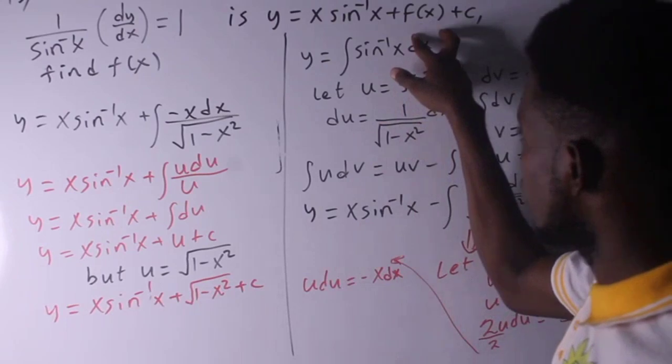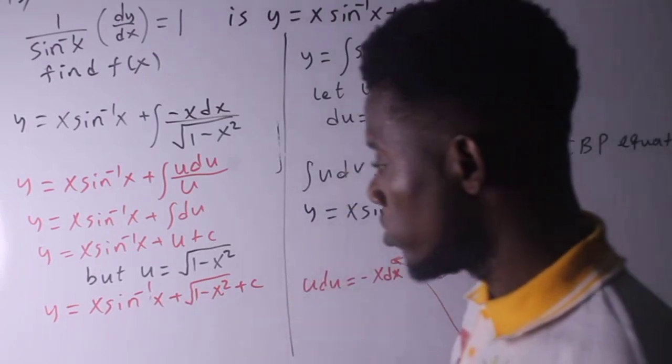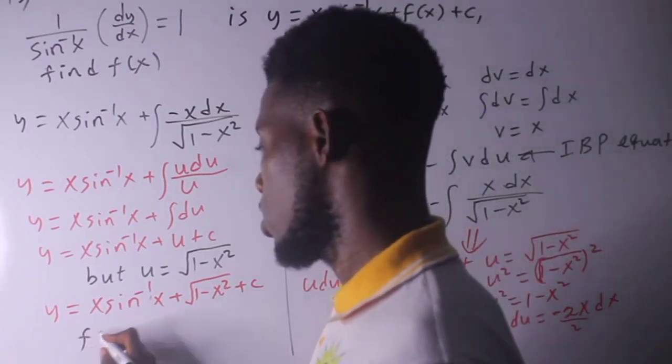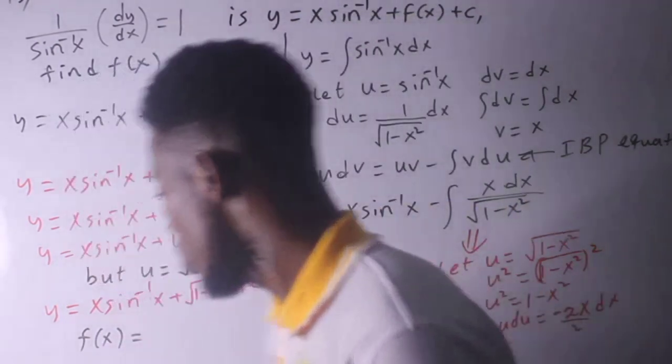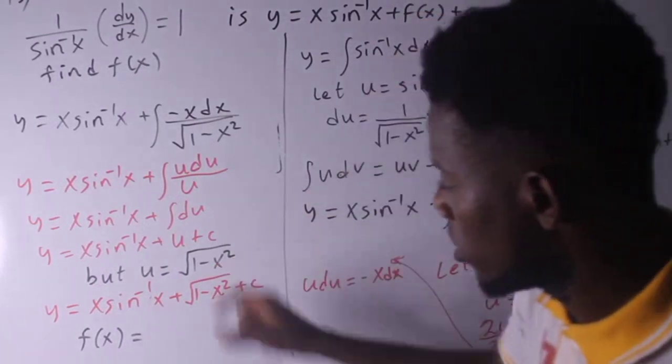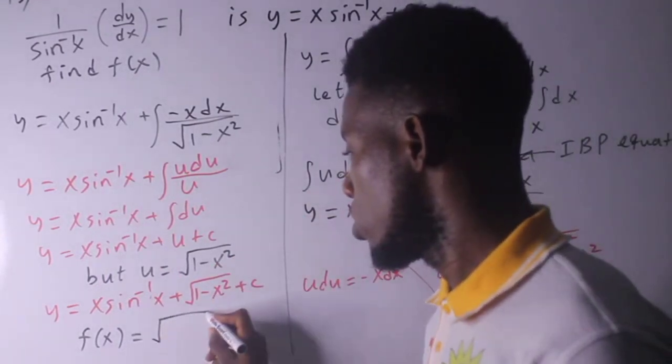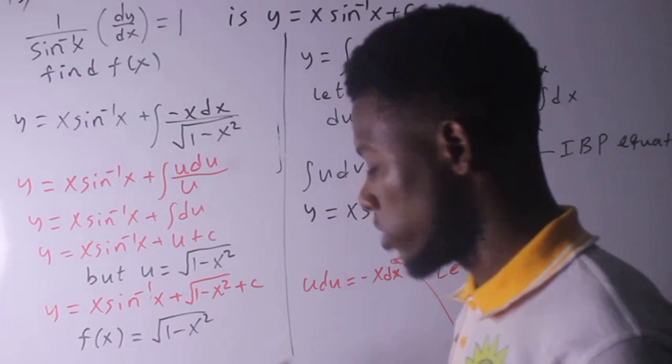So what is L of x if you do this comparison? Therefore, L of x is the square root of 1 minus x squared.